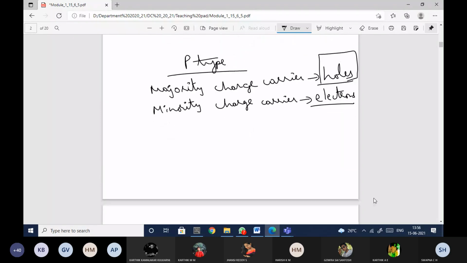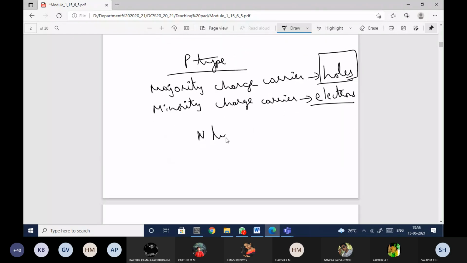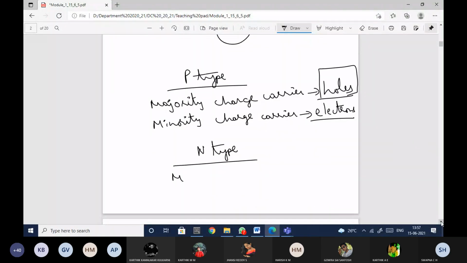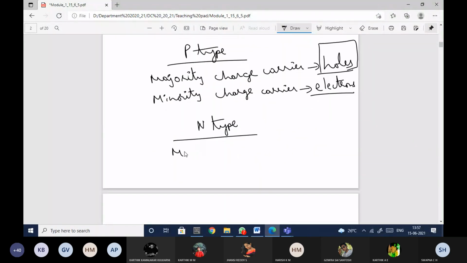In the same way, when it comes to the n-type material, as I mentioned, the more pentavalent atoms you add to the silicon, the more free electrons will be present. So if you check here, more electrons are present in the n-type material.